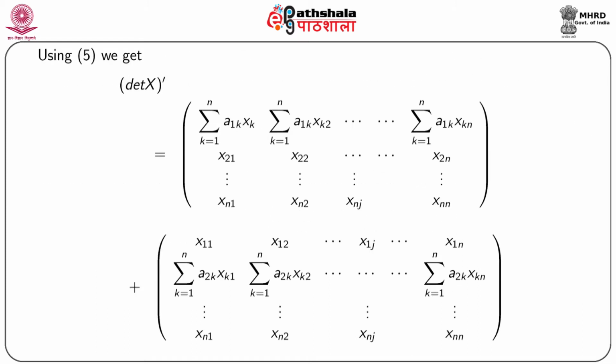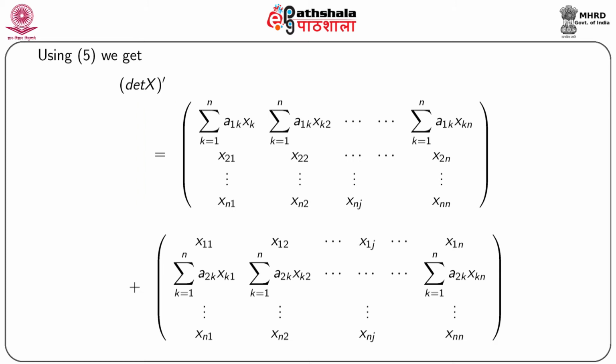Thus, we use 5 to get determinant X' with first row summation a1k xk1, summation a1k xk2, and so on.